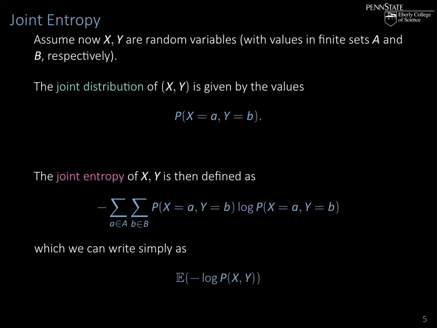I've written out that this is given as the sum over all possible combinations of a and b of the probability that X equals a, Y equals b, times the log of this probability. This is then written as H(X, Y), which denotes the joint entropy of X, Y.